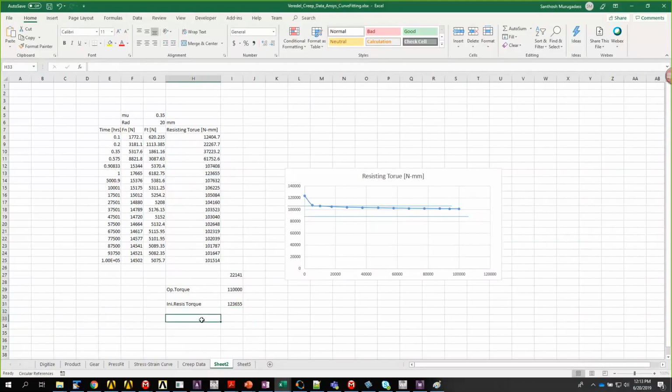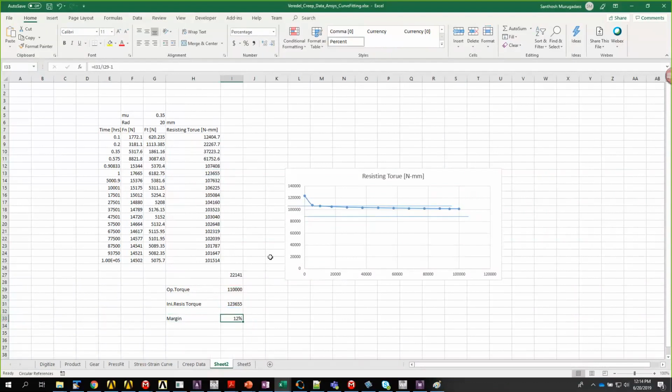Now let's look at how much margin we have. So we have a margin. Let's say 1 minus, sorry, this would be minus 1.